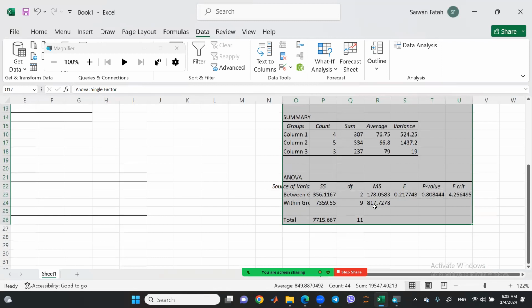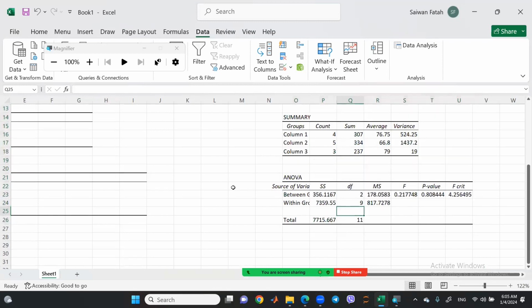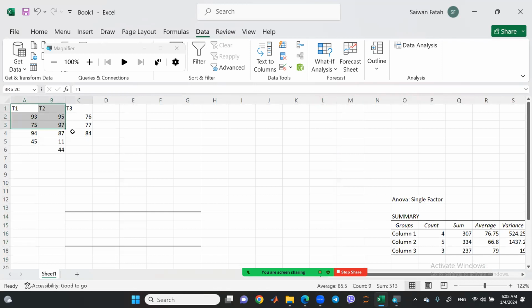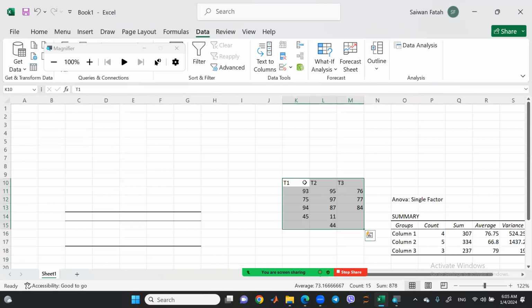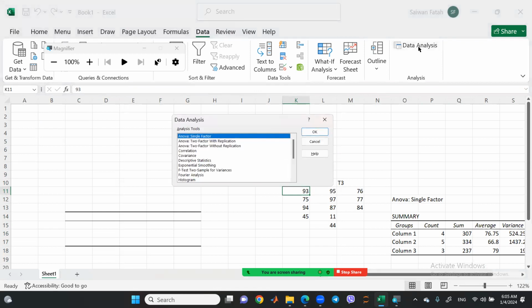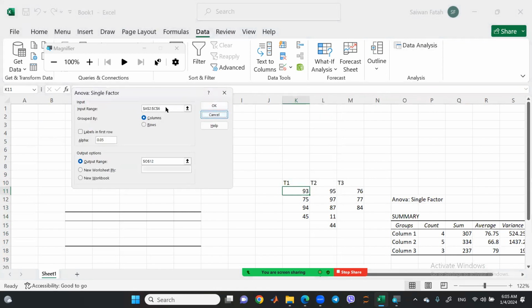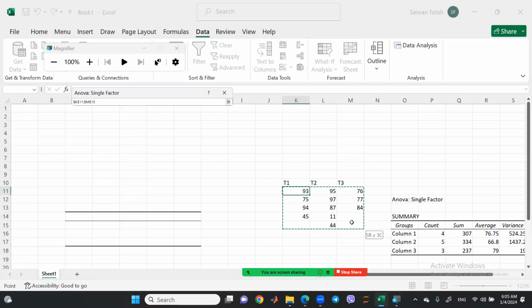That's it. That's easy. Okay, what if our data is here? Let's say we put our data here. Even that is possible. Click data analysis. Then clean this first, clean this one, and then select the data.